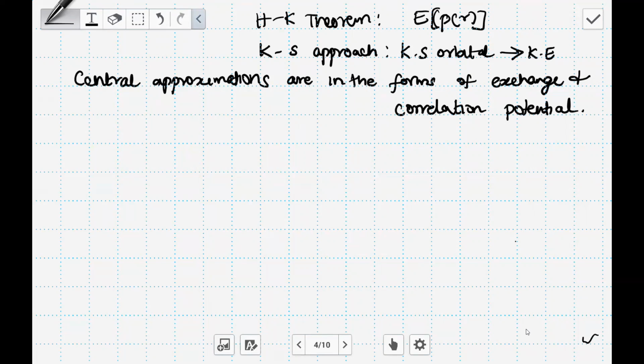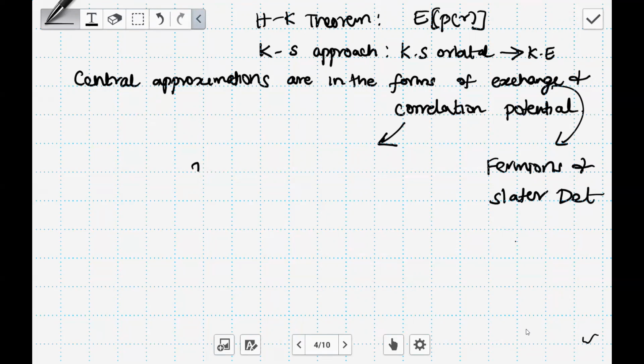Okay, so we'll do a separate lecture on this, but just to give a context, I'm going to make a few points and then get back to talking about batteries. Okay, so exchange: fermions and Slater determinant. Correlation needs multiple Slater determinants.